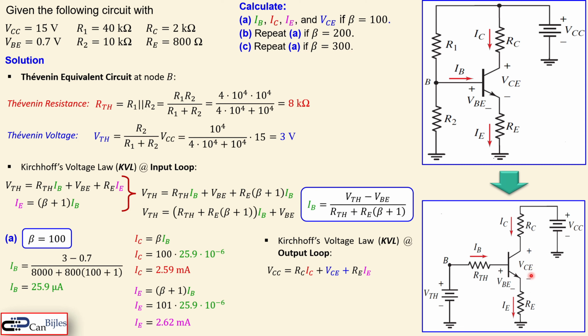Now, in order to get the VCE, I need to say VCC minus the two voltage drops there, and we have now this expression. We know IC, we know IE, we also know the values here for the VCC and the resistors. If I now substitute that, you will get 7.73 volts.